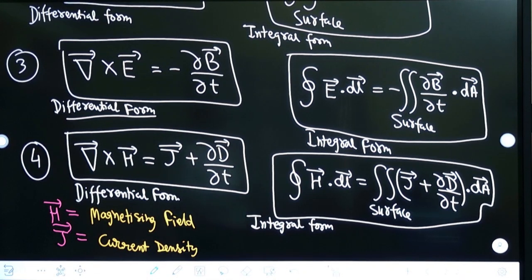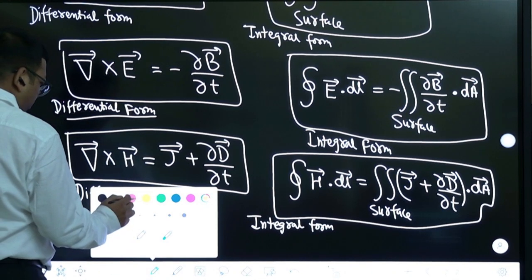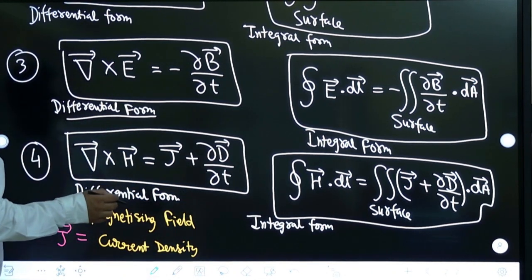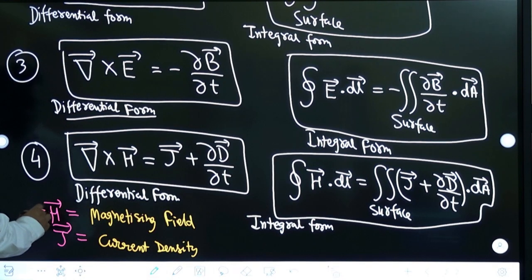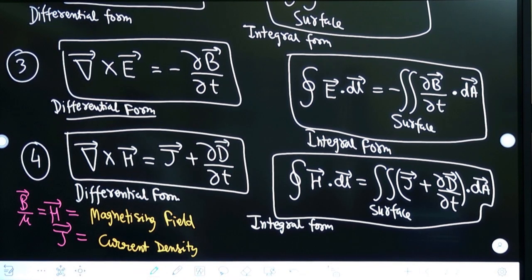Or it is B vector by mu. B is mu H, so this is B vector by mu. That's the same, right? And J is current by area, but it's a vector, that we know already.